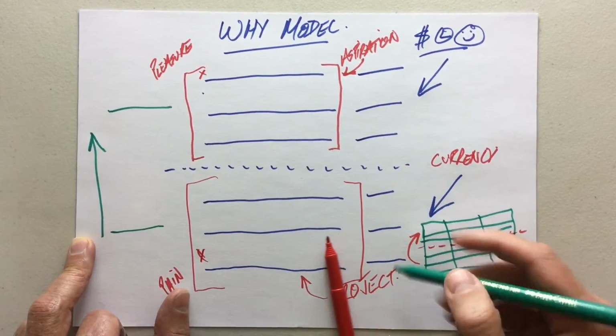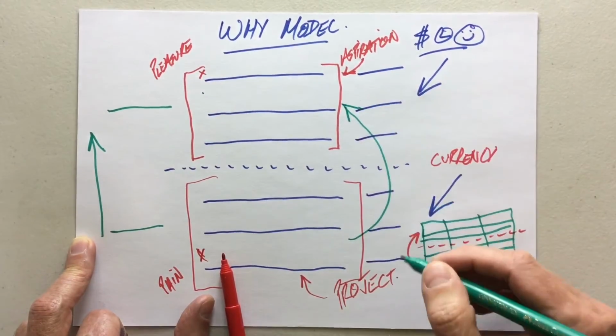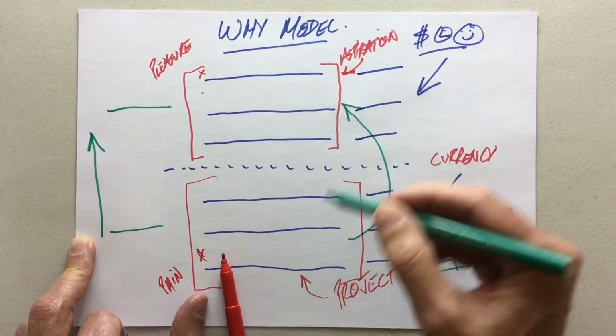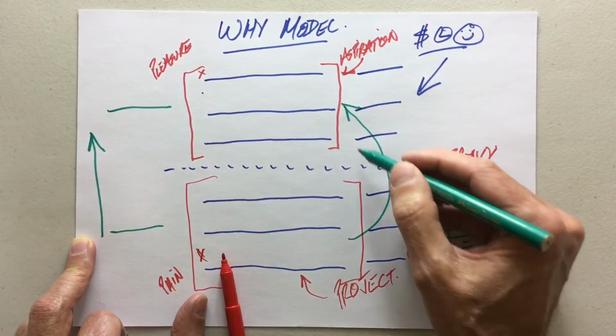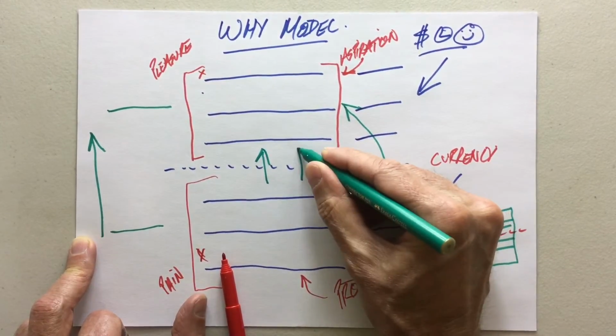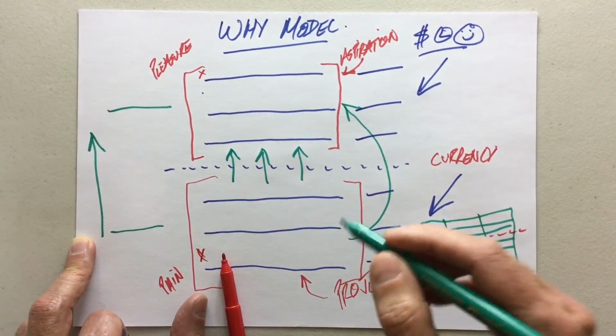Obviously in this big model, it's about taking them where they are here to where they want to be. That's why Y models are so powerful, because they can see where they are now, where they want to be. You're the answer to this. Your job is to take them across this line, and that's what you're telling people: I'm going to help you cross this line to where you want to be.